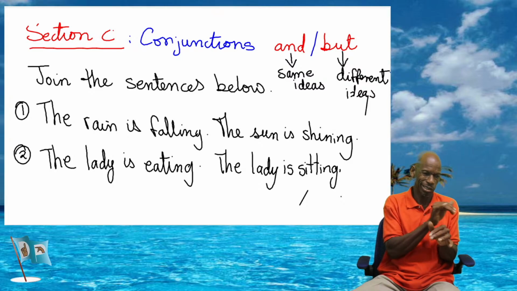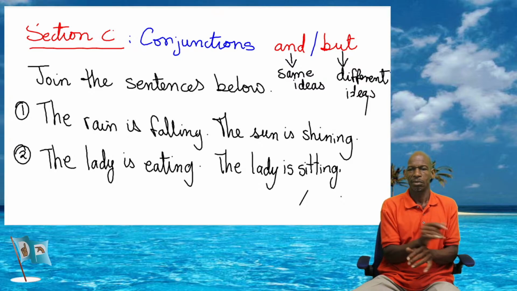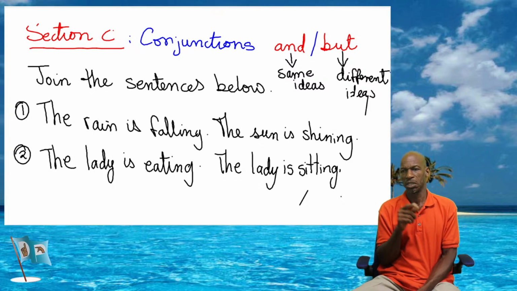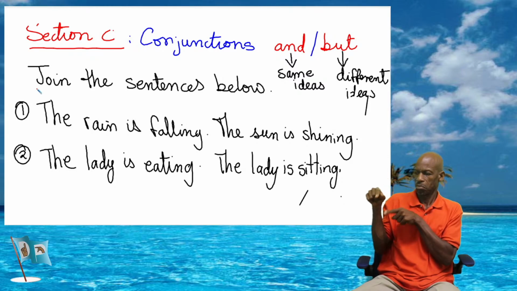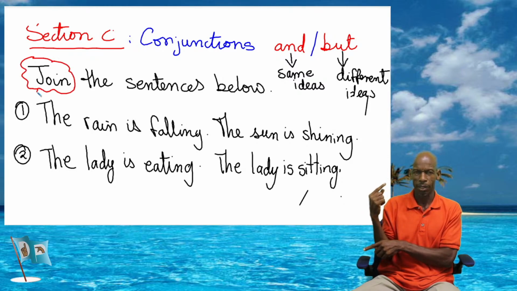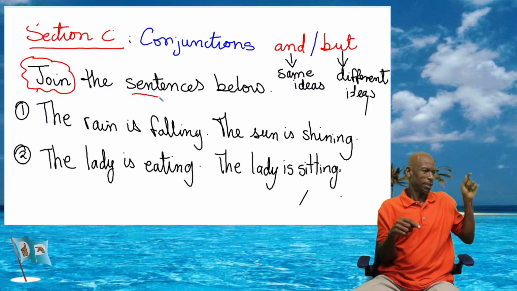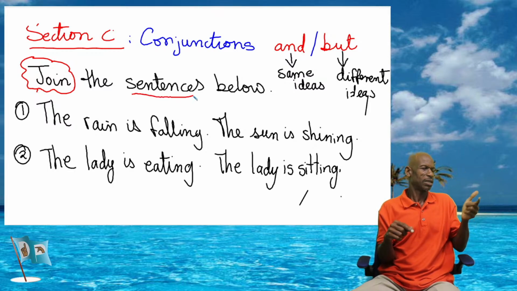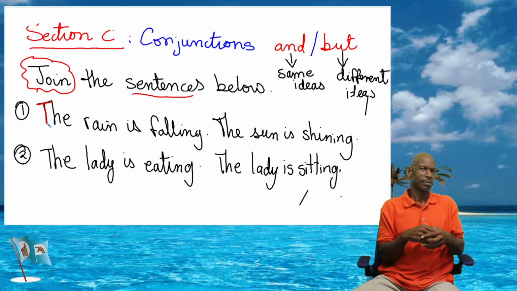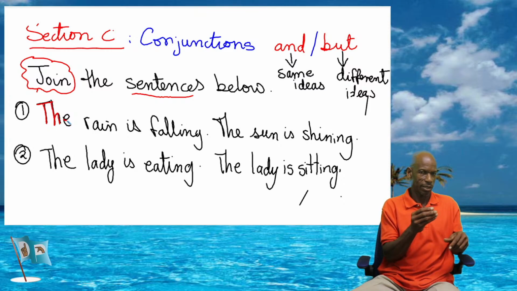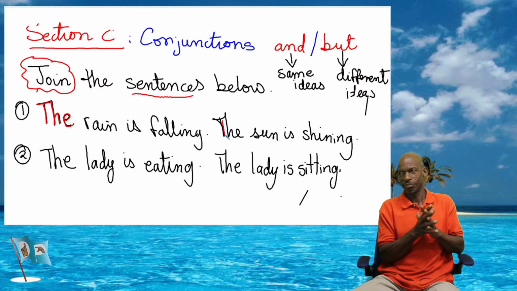So you're going to be joining sentences. This is what you're doing, joining sentences. You'll see two sentences in each one. This is one sentence here, and this is another sentence.